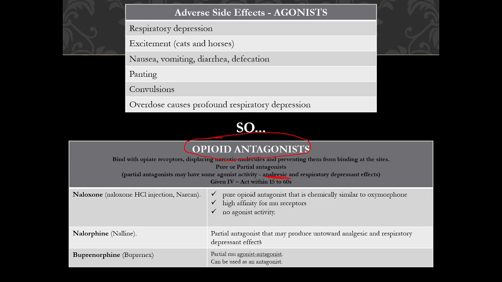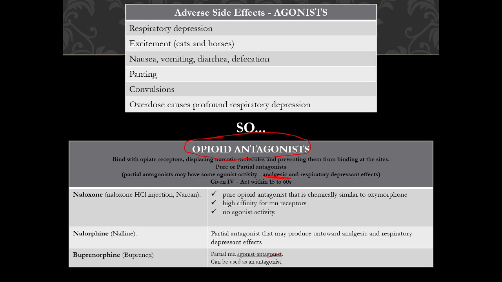Nalorphine is a partial antagonist and can produce untoward analgesic and respiratory depressant effects, so it can be not as effective. Buprenorphine is a partial mu agonist and partial antagonist.